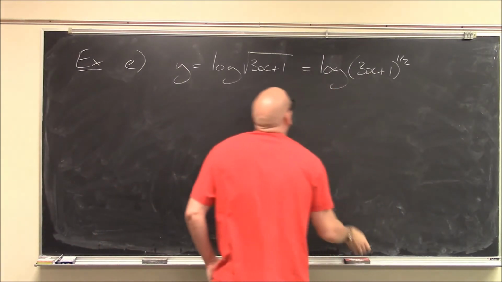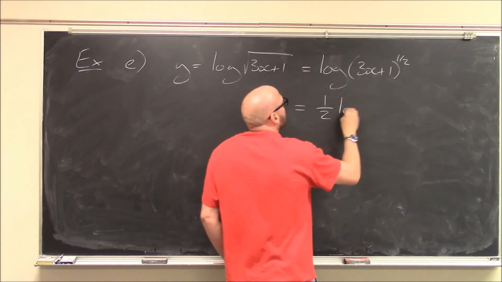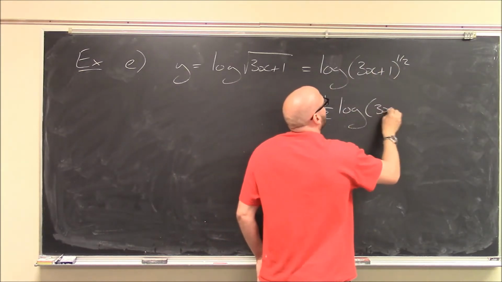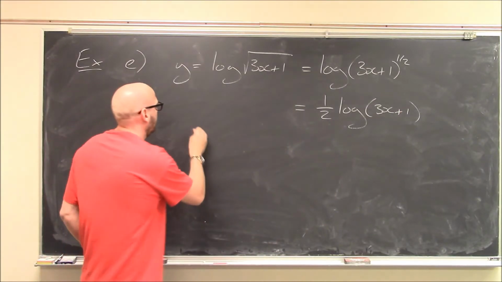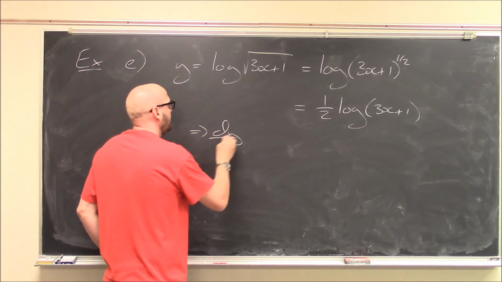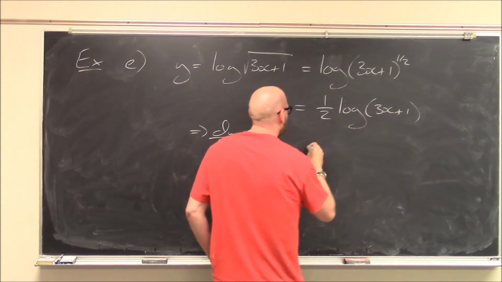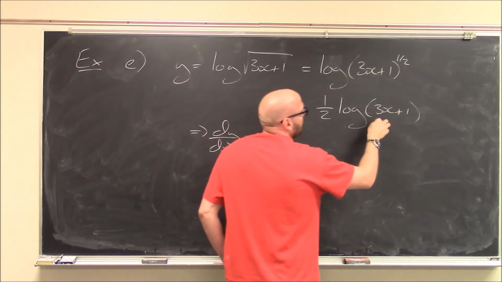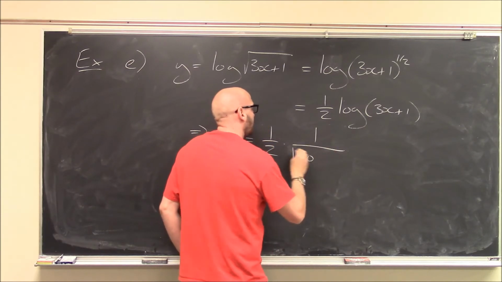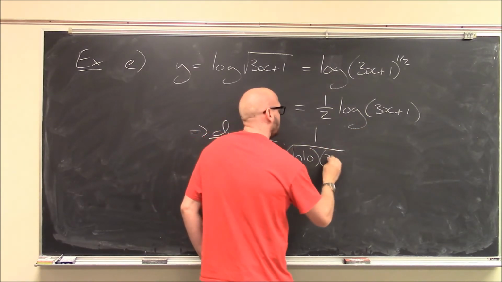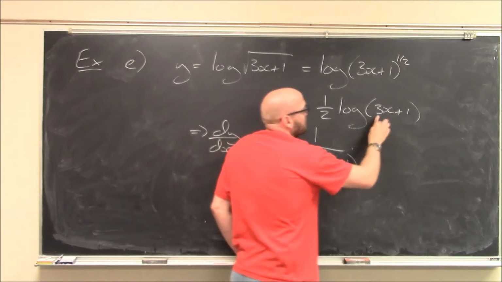Right? If I had gone one step further, write this power out front, 1/2 times log of 3x plus 1, now it's a whole lot easier to differentiate. Now it's just dy/dx is 1/2 times the derivative of log to the base 10 of 3x plus 1, which is 1 over ln of 10 times the inside function, 3x plus 1, times the derivative of the inside.